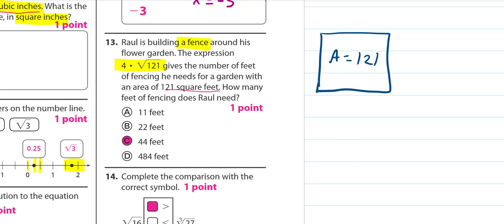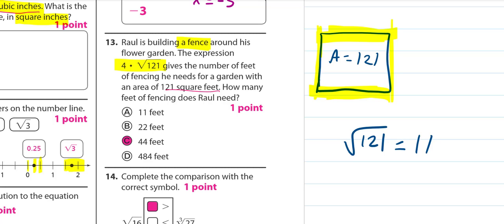So that means I'm looking for the square root of 121, which is going to equal 11. Okay, so the last question is how many feet of fencing does he need? So in order to make this fence, he only needs enough fencing for all 4 sides.